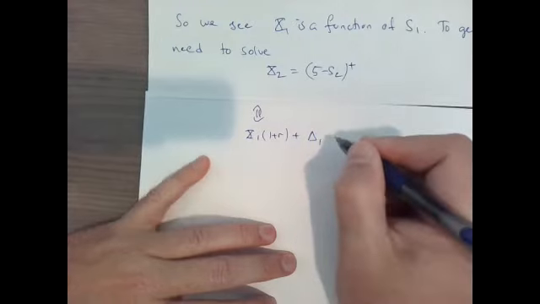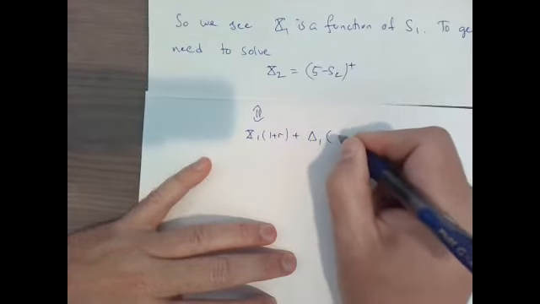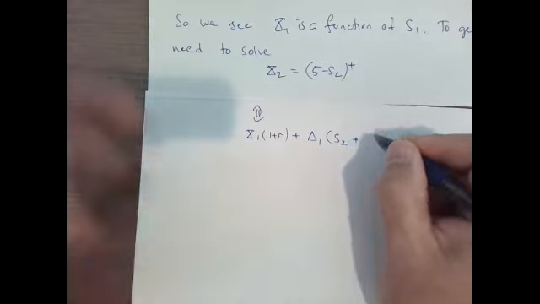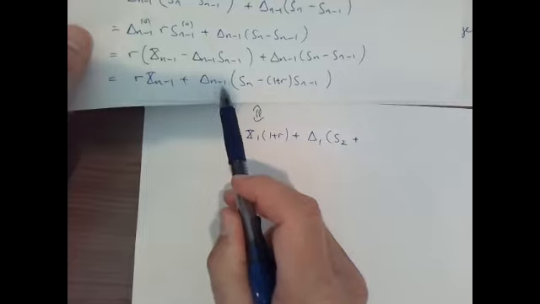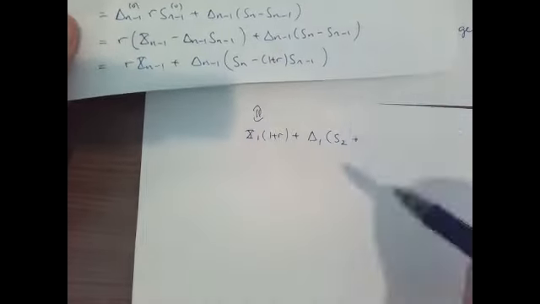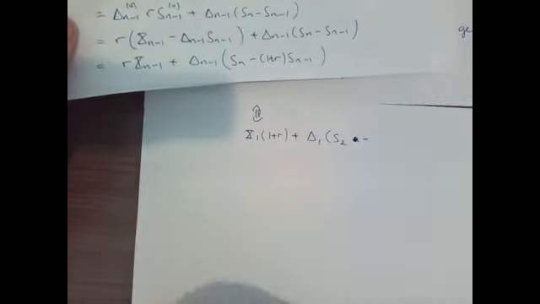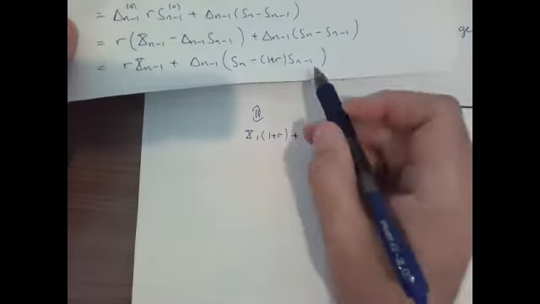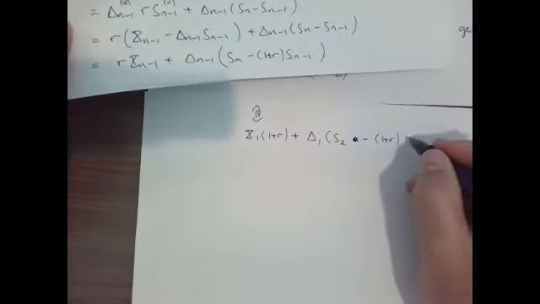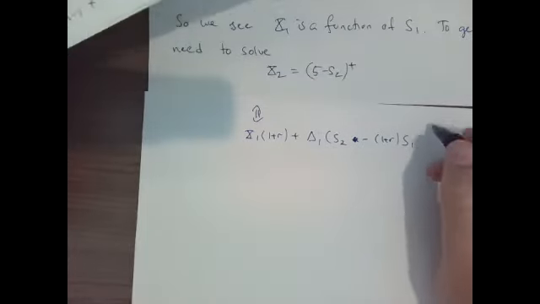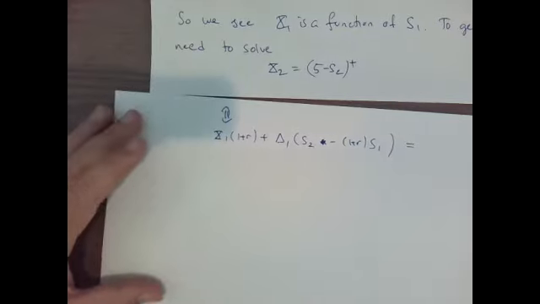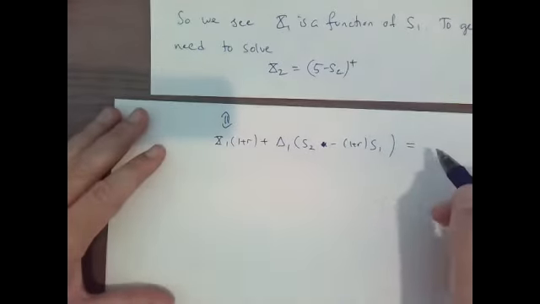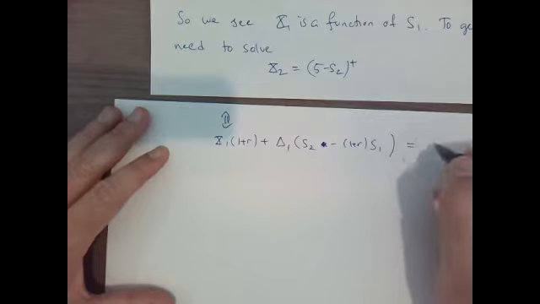Delta 1 times S2 plus delta 1, this is S2, so it's a minus 1 plus r. I want this to be equal to 5 minus S2 positive part.